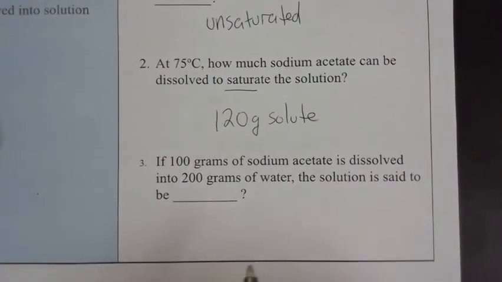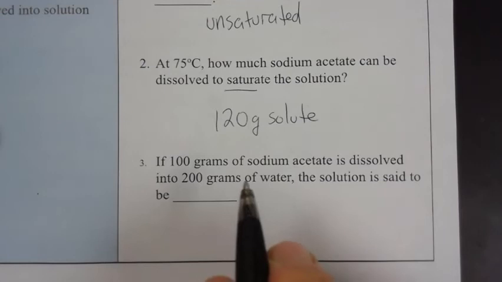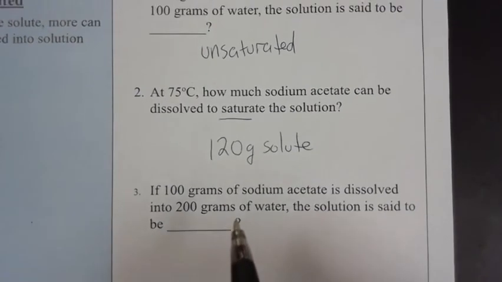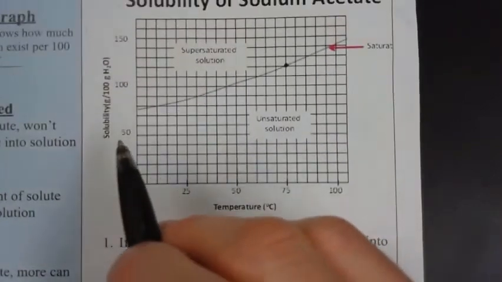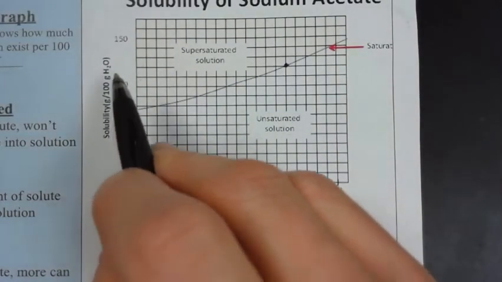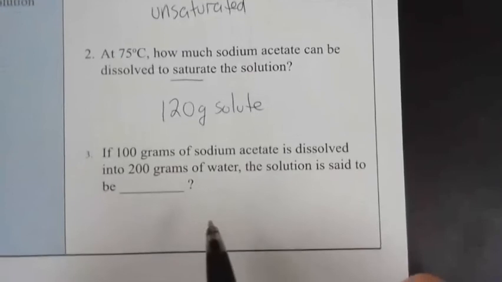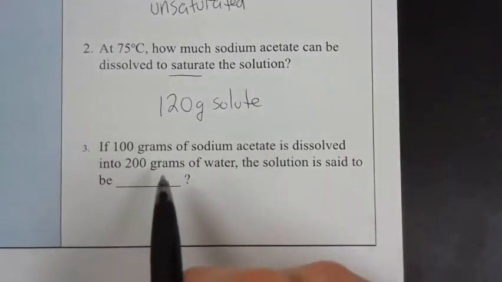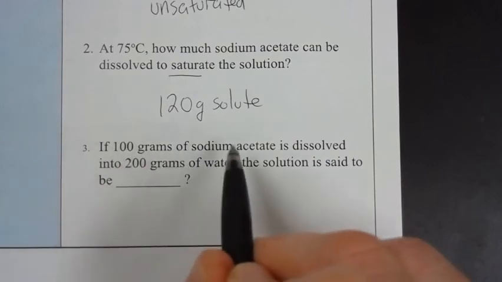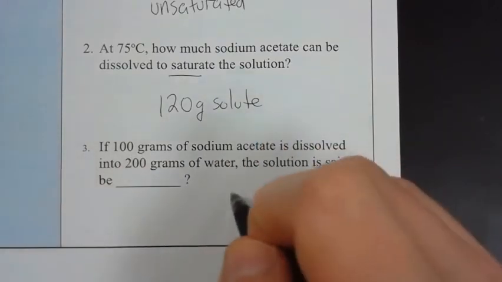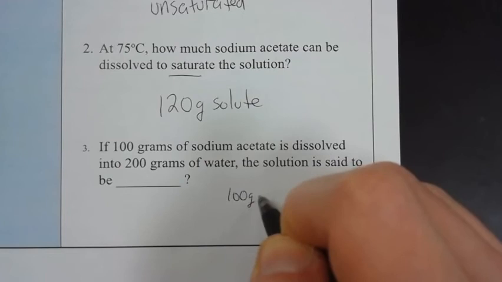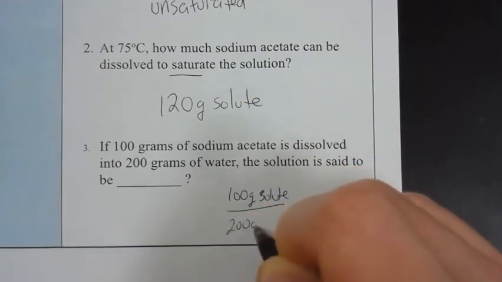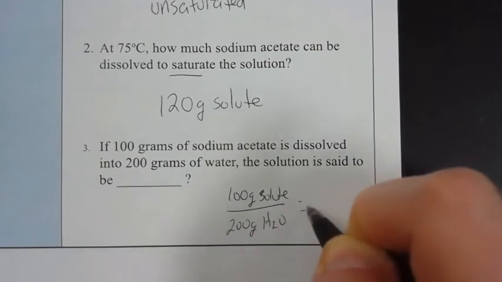And then if 100 grams of sodium acetate is dissolved into 200 grams of water, the solution is said to be what? Well, now we have to take into account the fact that we're adding a certain amount of solute per 100 grams of water. So if we have 200 grams of water, in 100 grams, we would only have 50 grams of sodium acetate dissolved. So we had 100 grams of solute per 200 grams of water.